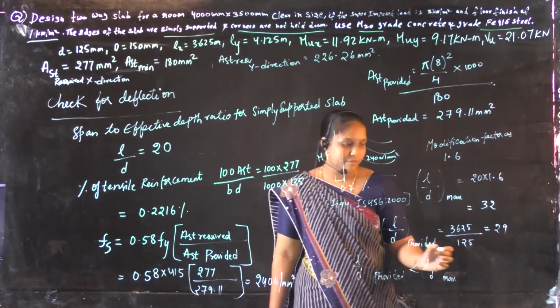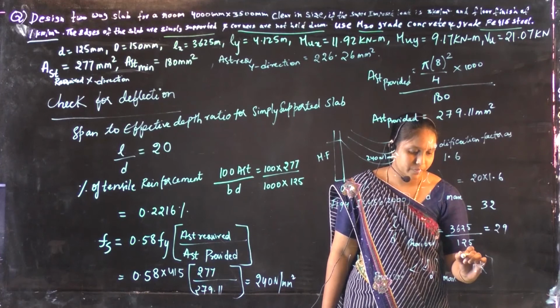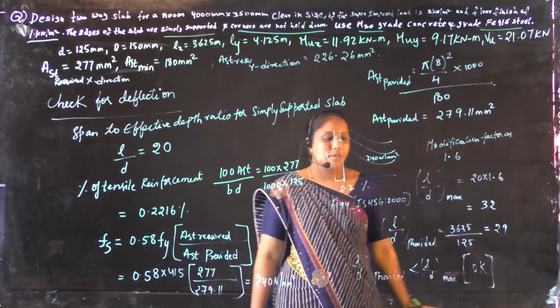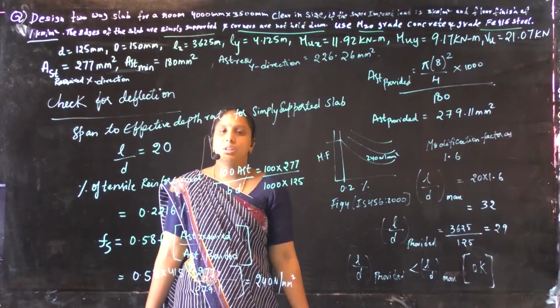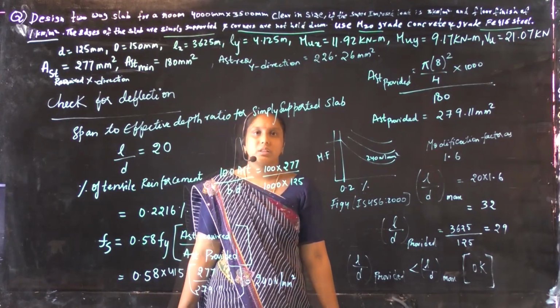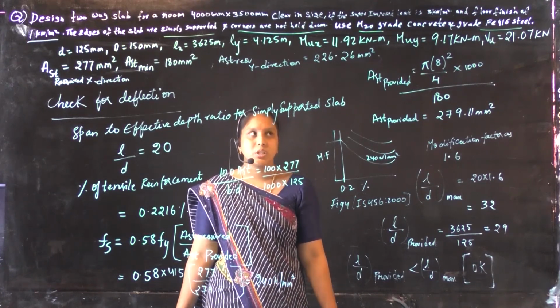Hence the check for deflection is okay, or it is safe. So this is how you have to design the two-way slab. The reinforcement details are shown in the figure, so you can see the figure now.